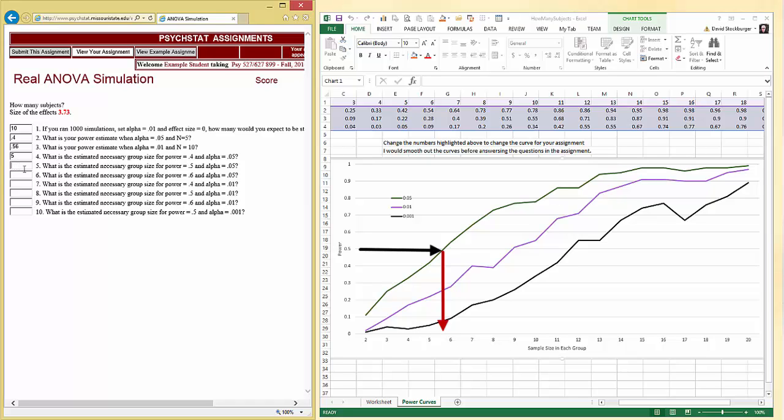We'll go 5.8. The estimated group size when power equals 0.6, and it's 0.05, is 6.6.